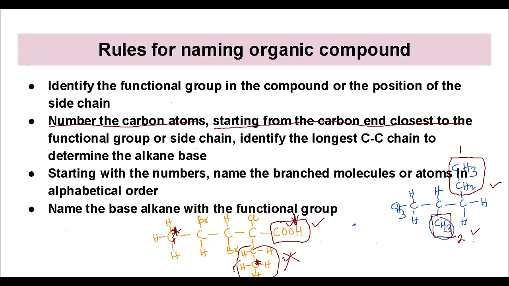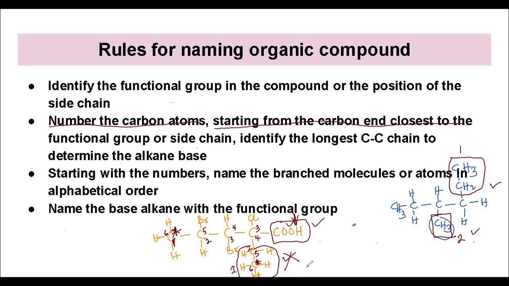If this is the first carbon end, 1, this is going to be 2, 3, 4, 5, 6. Now, if I'm numbering starting from this other carbon end, then I should have 1 here. This is 2, this is 3, this is 4, this is 5, and this is 6.